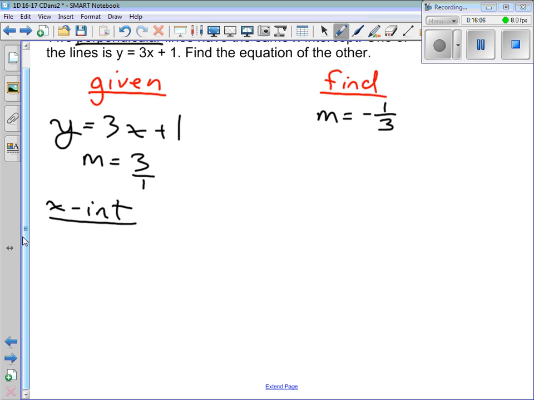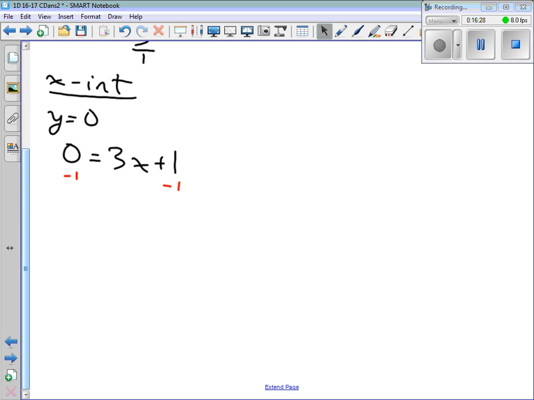So let's set y equal to 0 in our equation. Our equation is y equals 3x plus 1. So let's put in y equals 0, and let's solve for x here. I'm going to subtract 1 from both sides, and I get 3x equals negative 1.